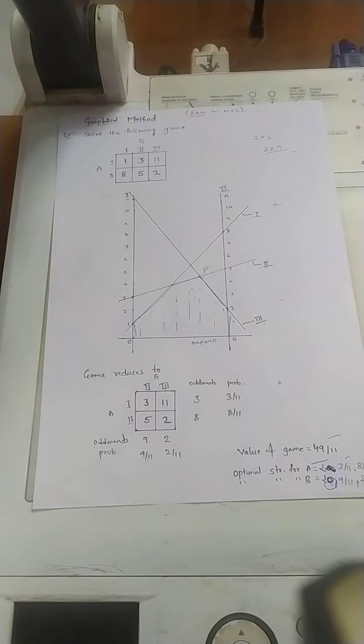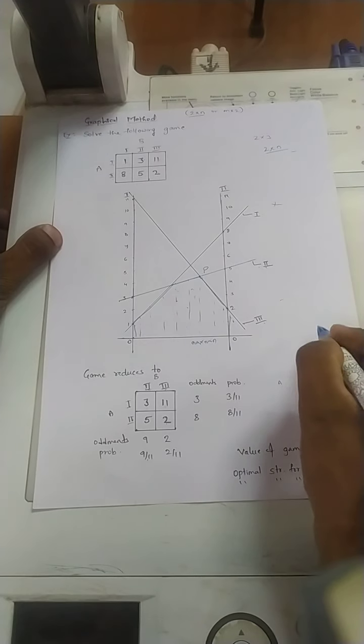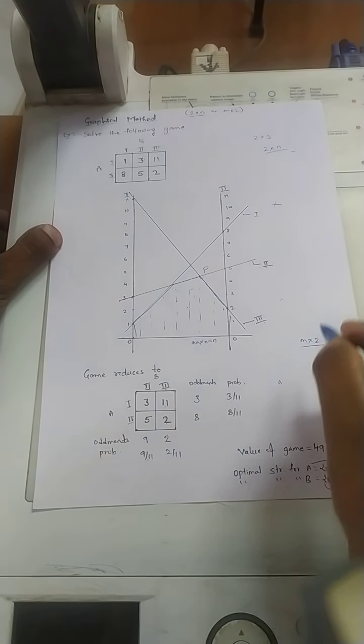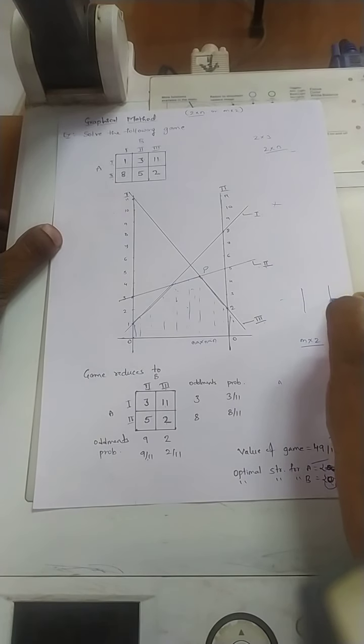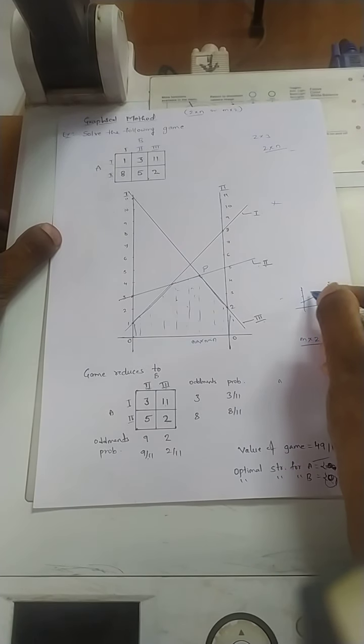Now if it is of the form m cross 2 and there is no saddle point, then the same method is applied. We draw vertical lines and mark them, then draw some lines according to the elements.